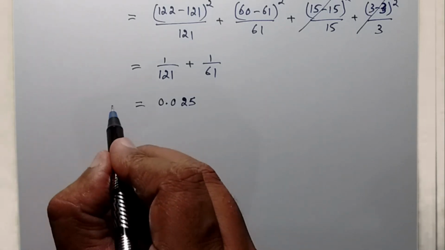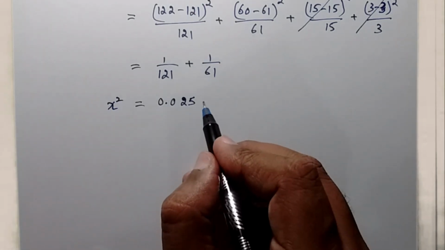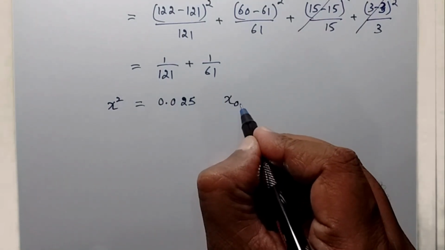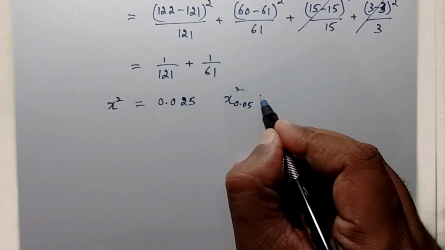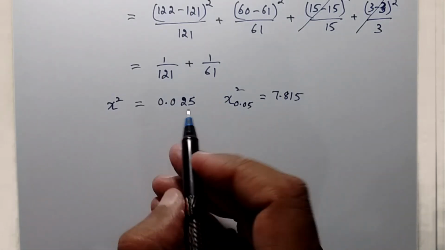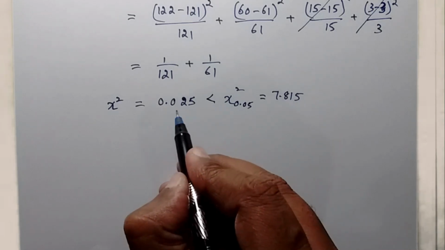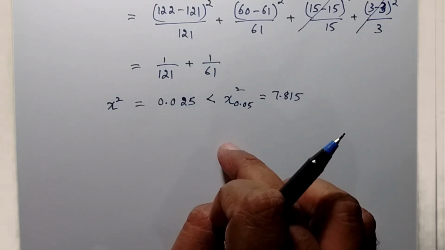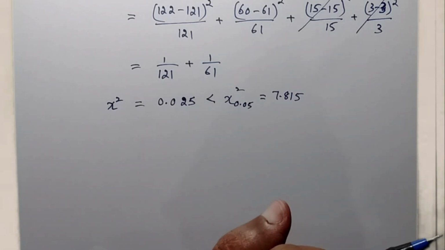Now try to compare this chi-square value with the value given to us, chi-square 0.05, which is 7.815. Compare these two values. Is this value less? This value is less than 7.815. Whenever this value is less, we can accept the hypothesis.